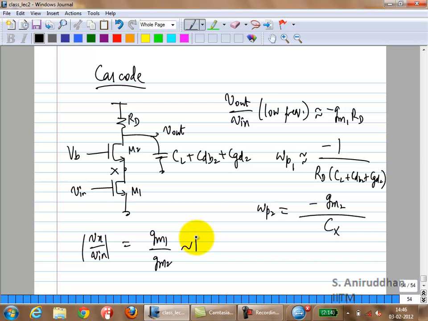Correct? So that is one big difference. You no longer have a very large Miller effect at the input. Now suppose RD was very large. Okay, so let me call this Zx.